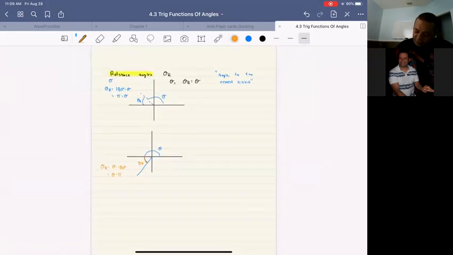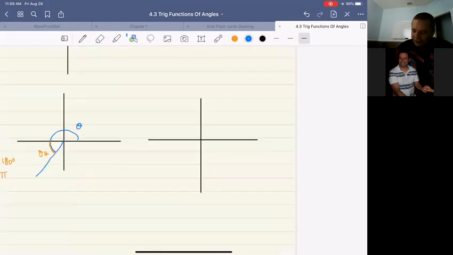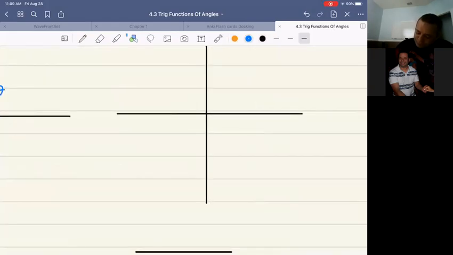Let's do one more for the fourth quadrant. If we're in the fourth quadrant, let's say we have an angle here. This is our angle theta, and this is our angle theta r, our reference angle.